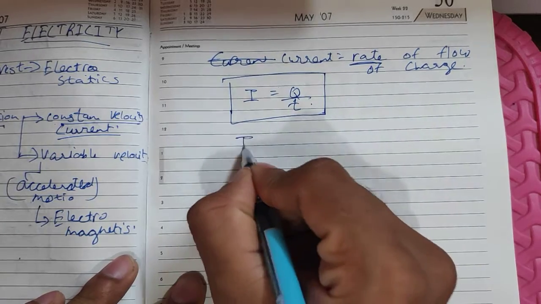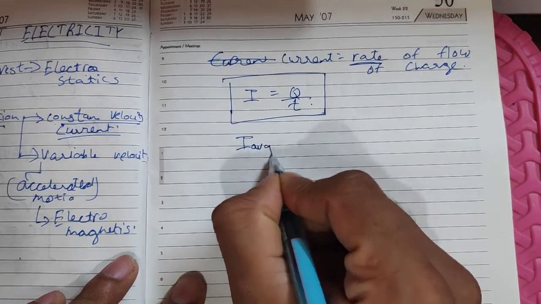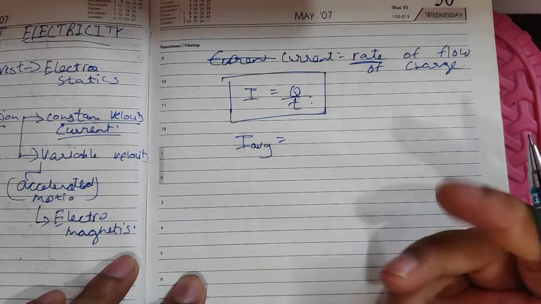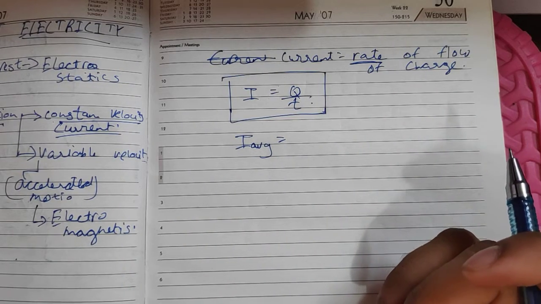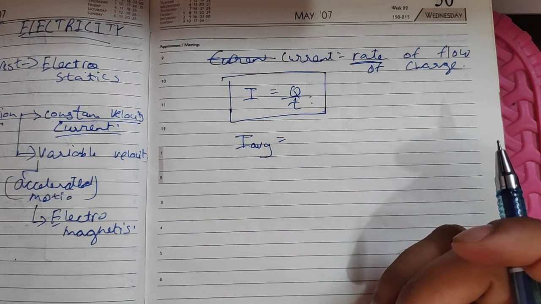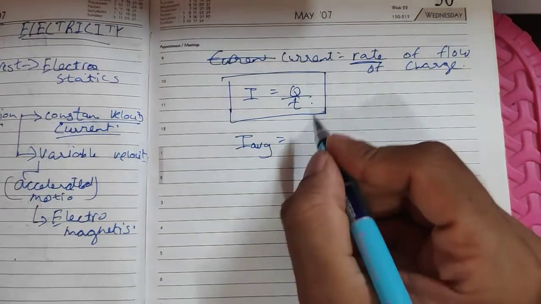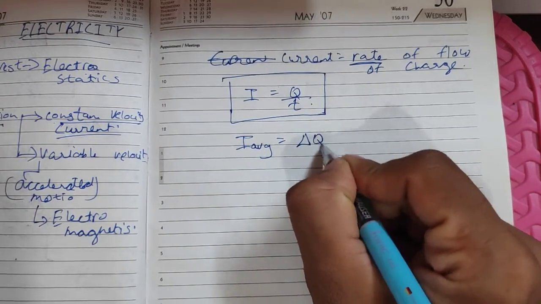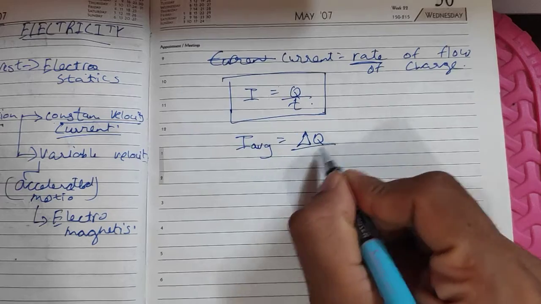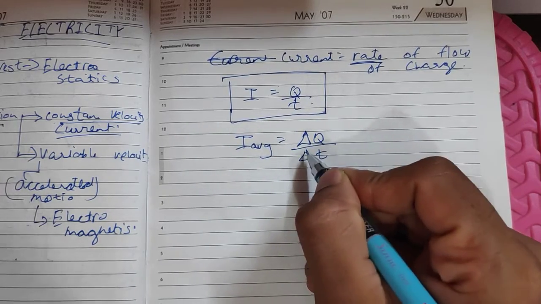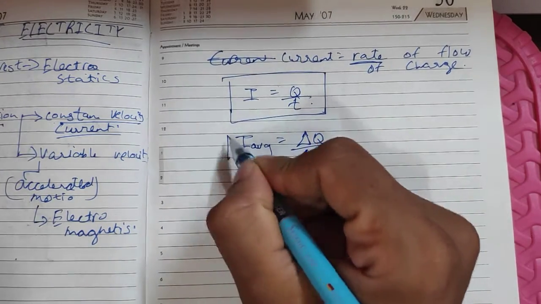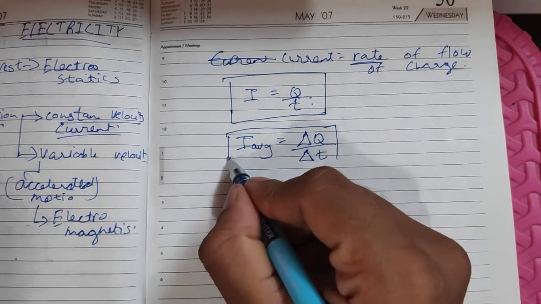Now if you want to find current for a particular interval, if you are given some particular time and you need to find the average current in a certain time period, then what will we do? The amount of charge passed during that period divided by the time interval. This will become your average current.